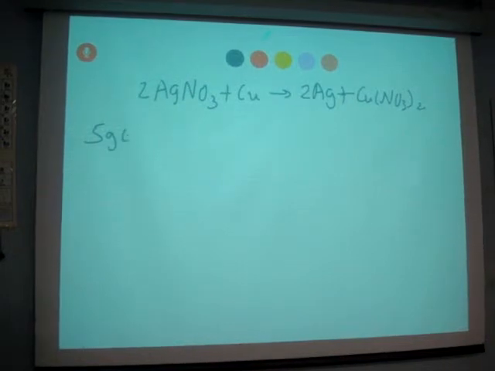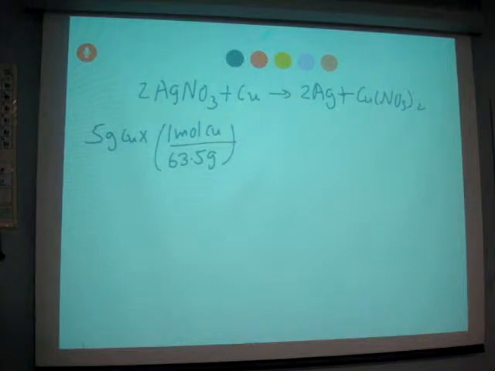We have grams of copper, and we convert into moles of copper. So 1 mole of copper is 63.5 grams. This is the molar mass of copper, and when we cancel grams, you convert into moles of copper.